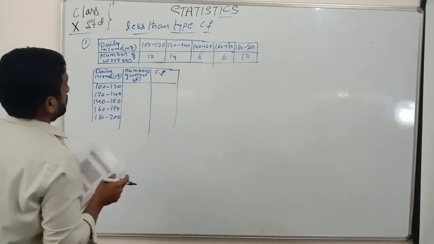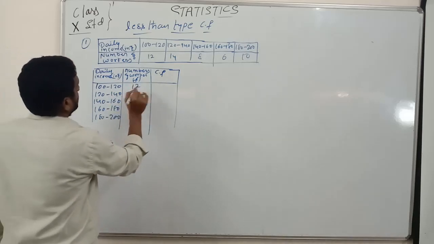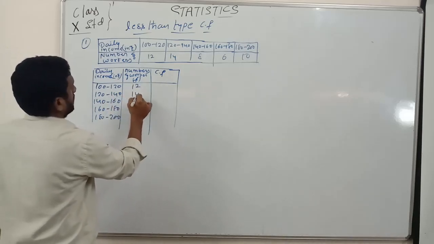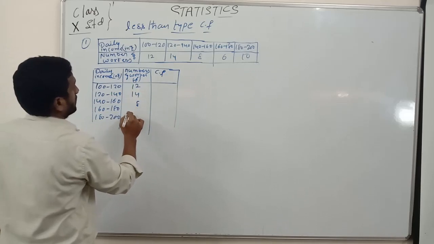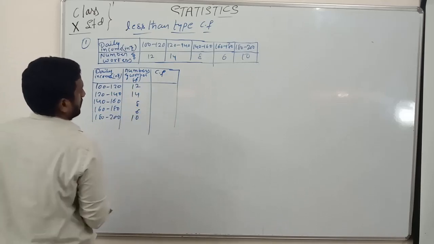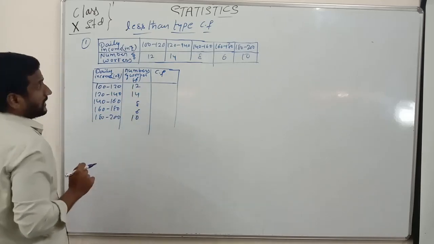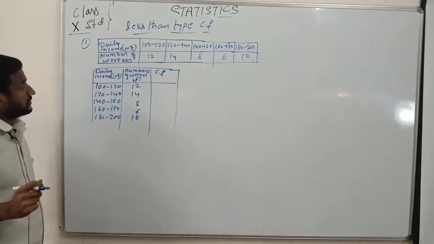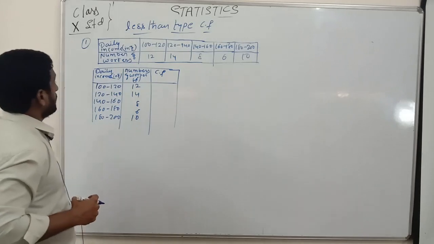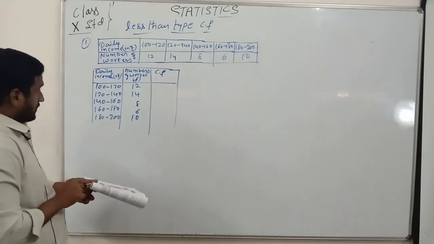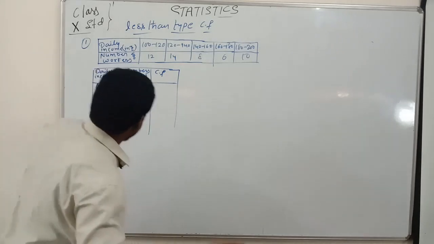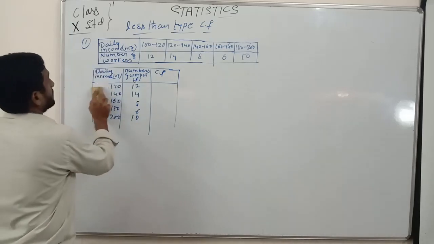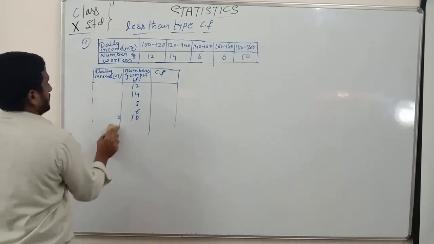Here the number of workers are 12, 14, 8, 6, 10. So how to calculate CF for less than type? You do one thing: you can write less than instead of this.